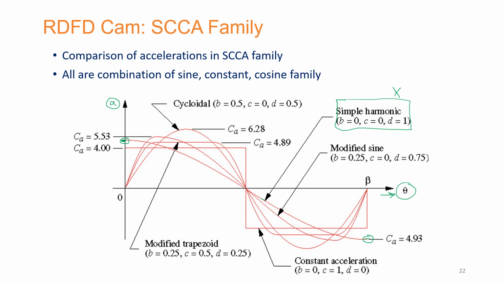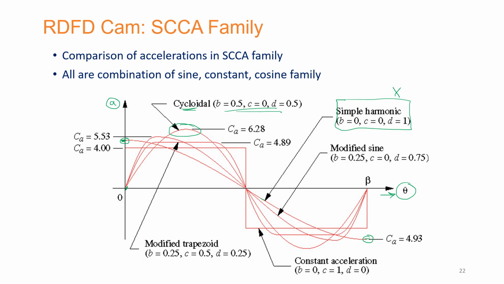The other one that we should start discussing is cycloidal, and with that the parameters are indicated, and you can see that it starts from zero value right over here. It goes up, but now if you observe this cycloidal acceleration, when it goes up, it goes beyond the other profiles as well, and that's what was mentioned when we were discussing the cycloidal cam design, that the acceleration term is going to be higher.